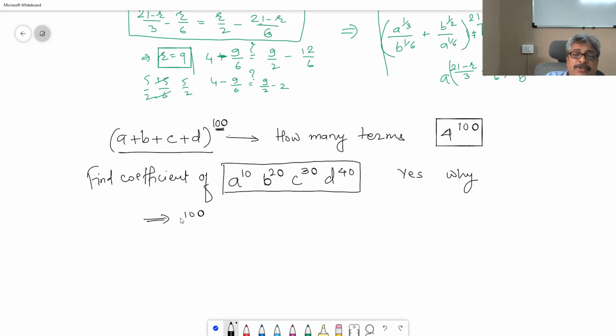Therefore one way of answering it is: out of 100, choose 10 a's. In how many ways can you do it? 100 choose 10 ways. Now you cannot pick up b, c, d from these 10 brackets because only one term from one bracket. So you have already exhausted 10 brackets. Now how many brackets are you left with? 90.